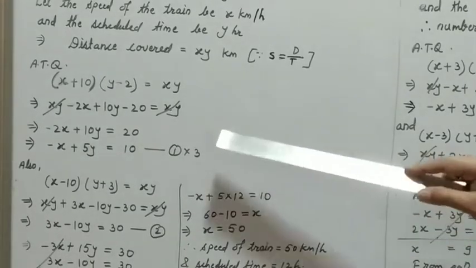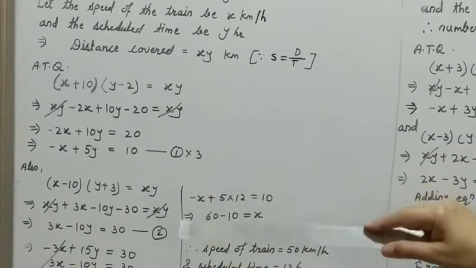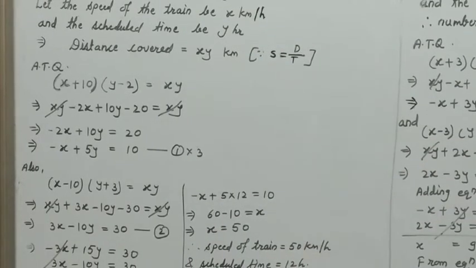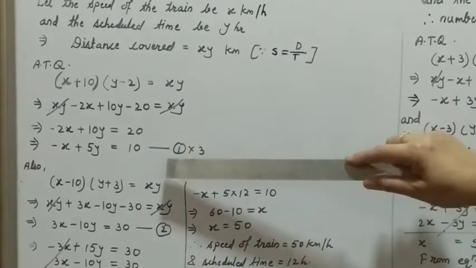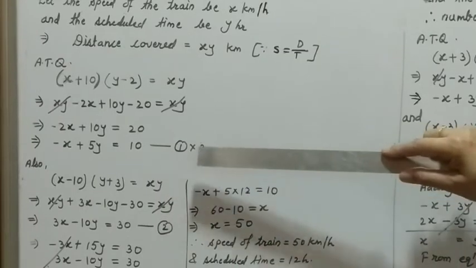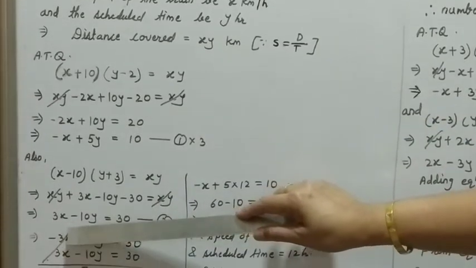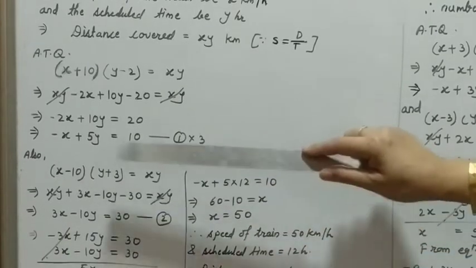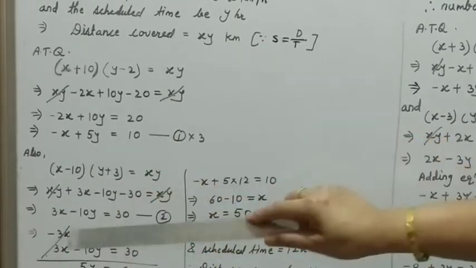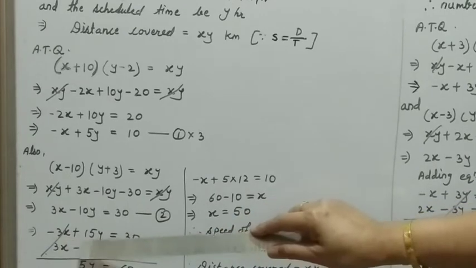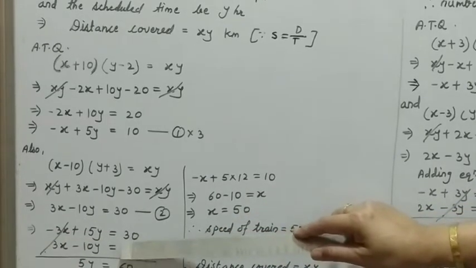Now by elimination we can solve the pair of linear equations. For that we will multiply equation number 1 by 3 and we will keep equation 2 as it is. Equation number 1 into 3 will become minus 3x plus 15y is equal to 30.